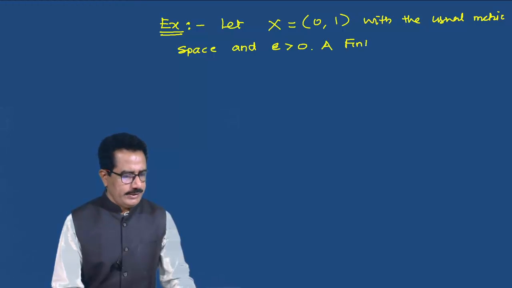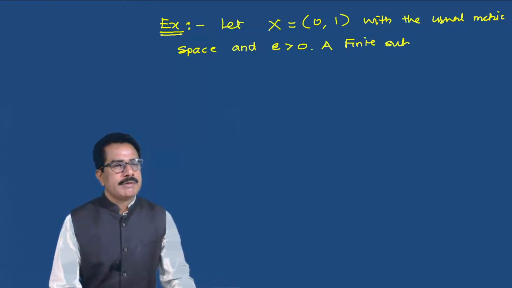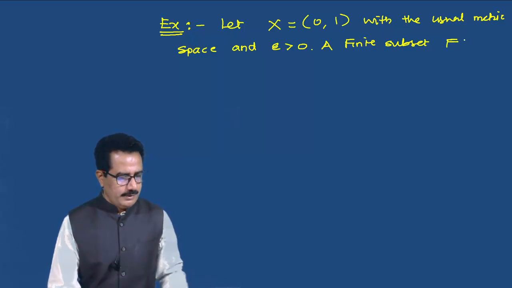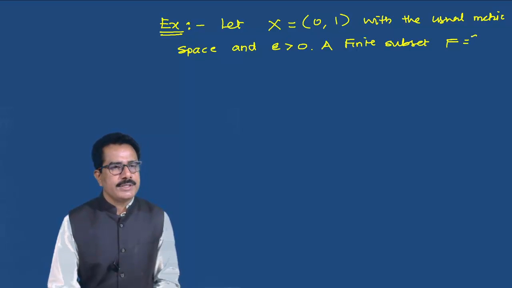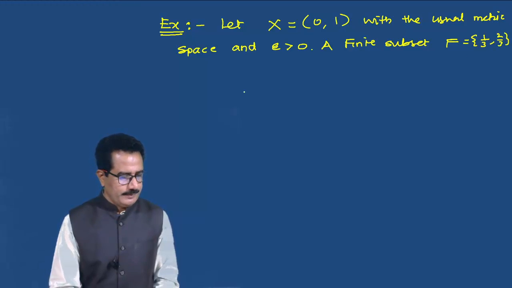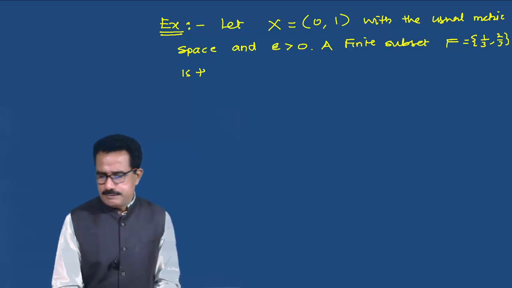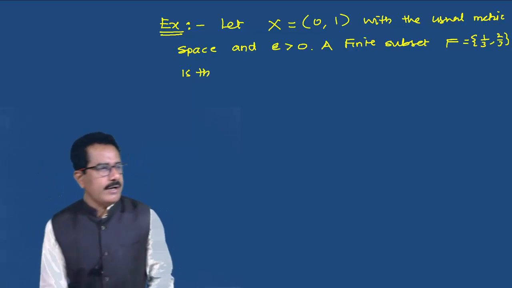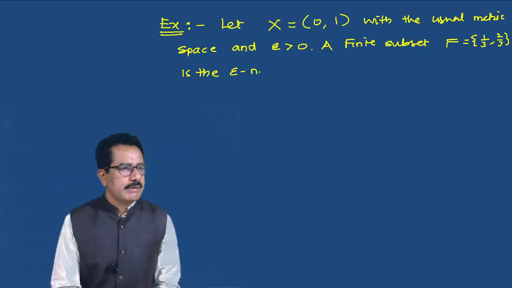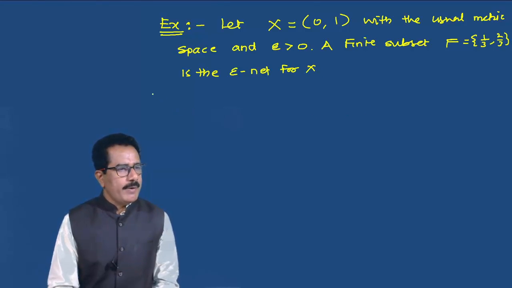A finite subset, suppose capital F, which is given by 1/3, 2/3, is the epsilon net for X.